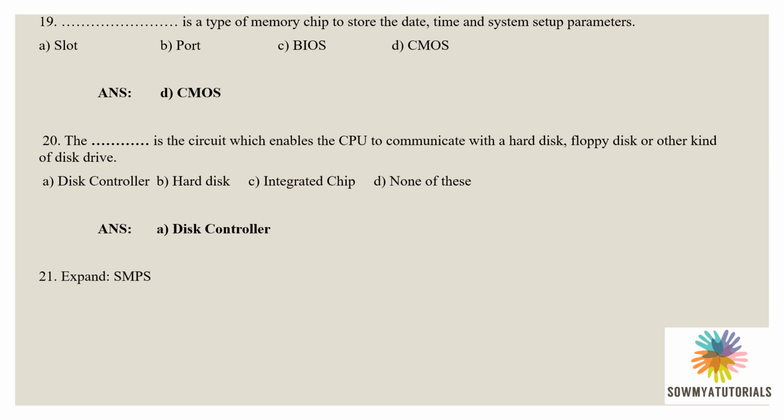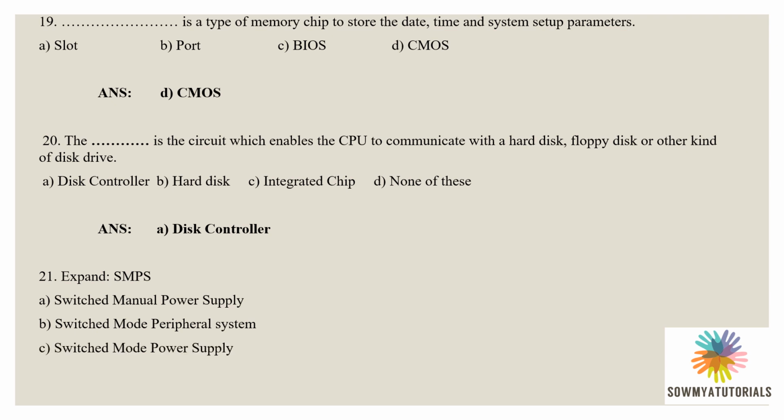Next question, expand SMPS. Options are switched manual power supply, switched mode peripheral system, switched mode power supply, none of these. The correct answer is switched mode power supply. What is the SMPS?